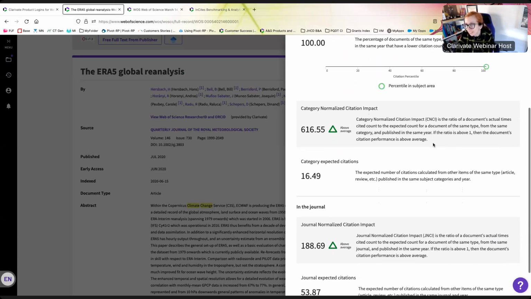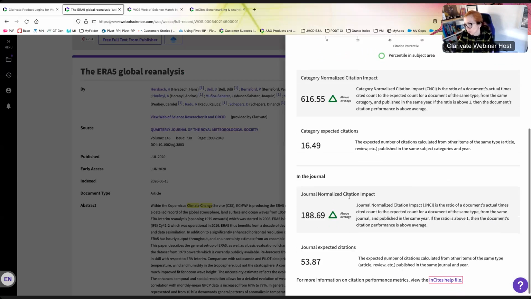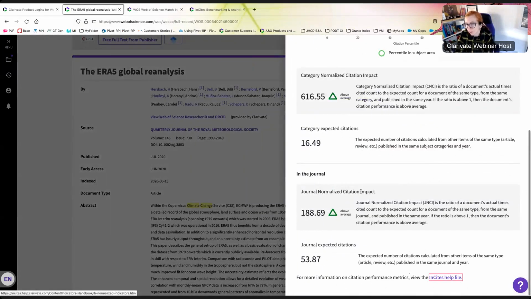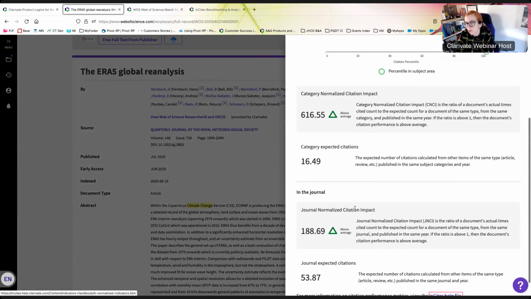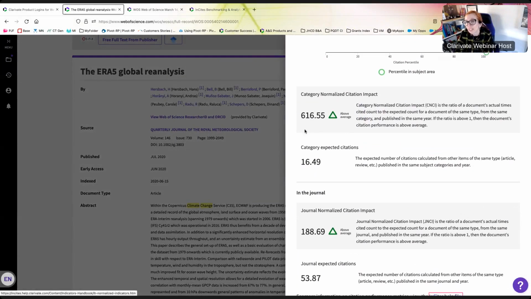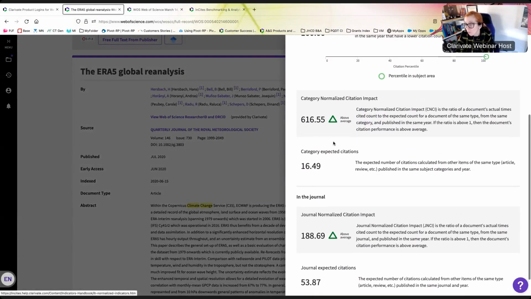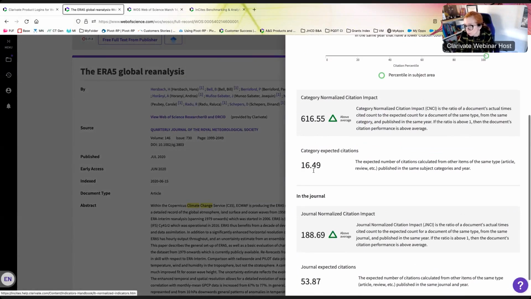But really the key numbers here are the category normalized citation impact and the journal normalized citation impact. So the number of citations that you saw here in this ERA5 global reanalysis was over 10,000. Now that I'm benchmarking against peer journals, I see that compared to its scientific field, it has an impact that is 600 times above the average, because the average is 16.49.